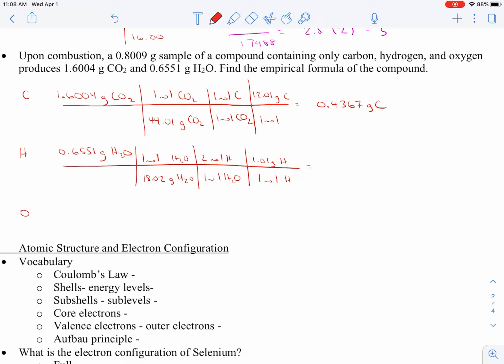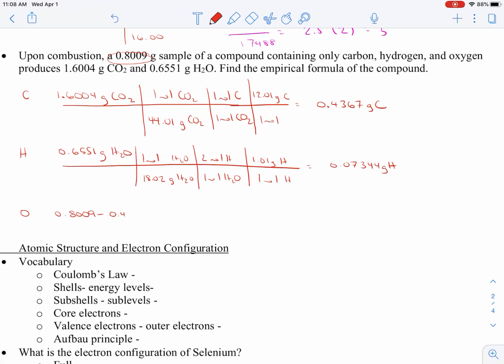So we got 6.6551 times 2 times 1.01 divided by 18.02. And this gives us 0.07344 grams of hydrogen.